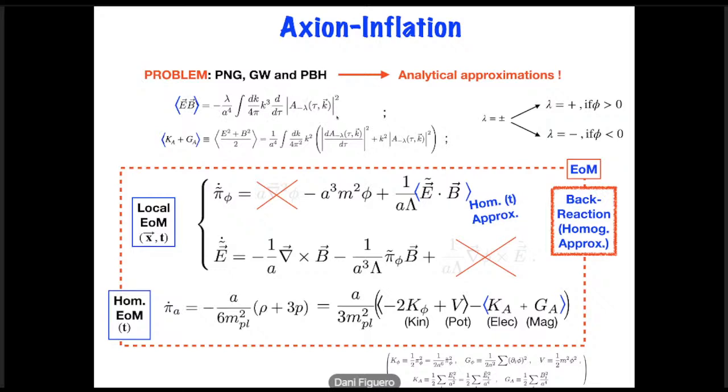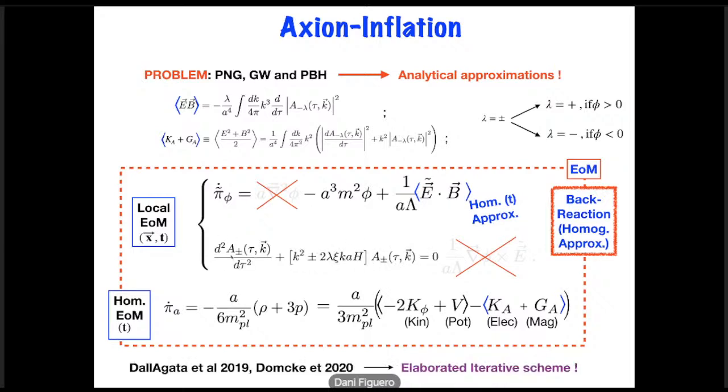So people turn this linear equation of the gauge field into an equation for the mode functions and solve for their tachyonic instability. Since this is a coupled system, every time step you solve for the tachyonic instability, you have to plug it into the expressions here to compute the expectation value of EB and the electromagnetic energy density, then update the inflaton, then again one step of the gauge fields, then one step of the inflaton, and so forth. So people worked out a very elaborate iterative system that works, but is extremely inefficient and slow.